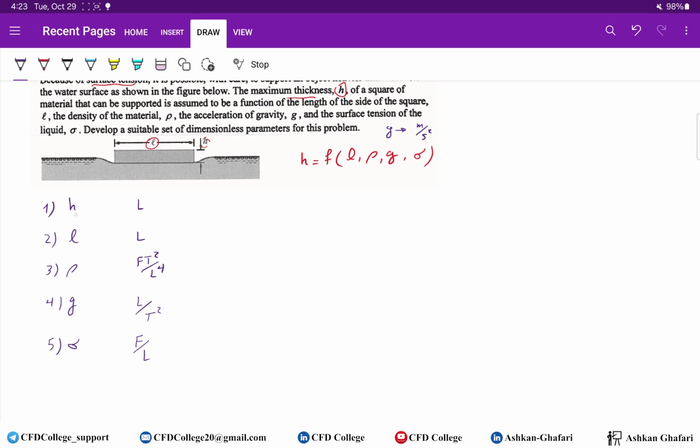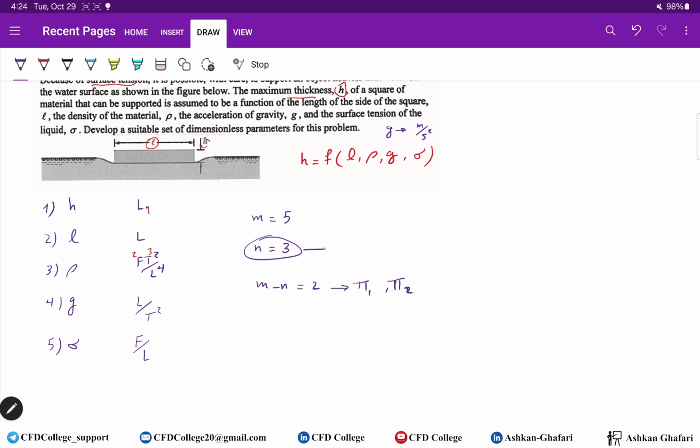Okay, 1, 2, 3, 4, 5. We have 5 quantities. M is 5. L is 1, F is 2, T is 3, and that's it. So we have 3 fundamental units. N is 3, so M minus N, the number of dimensionless groups, is 2. So we only have pi 1 and pi 2.